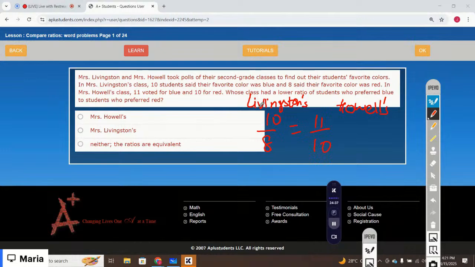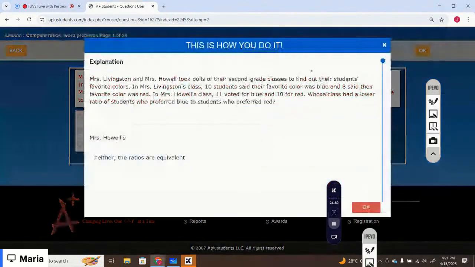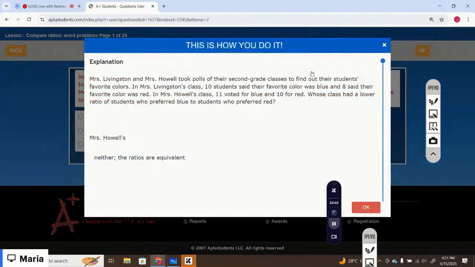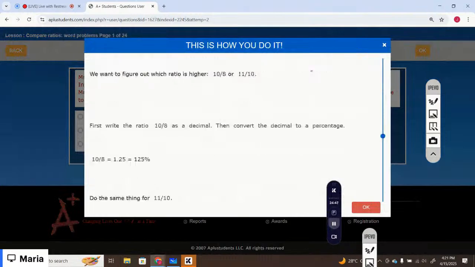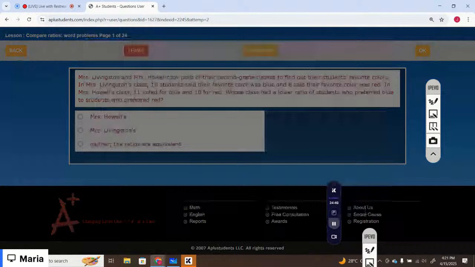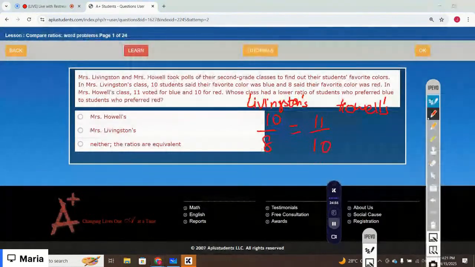You need to calculate, I think, the percentage. Let me just calculate it in percentage form. Just convert both of them into percentage form. 10 over 8 converted into percentage form: 10 over 8 is 1.25, times 100, that is 125%.